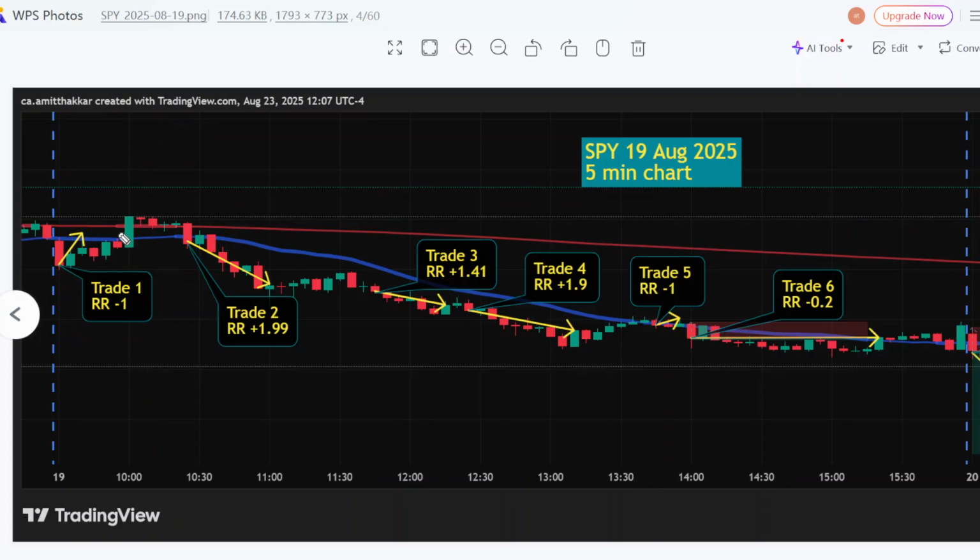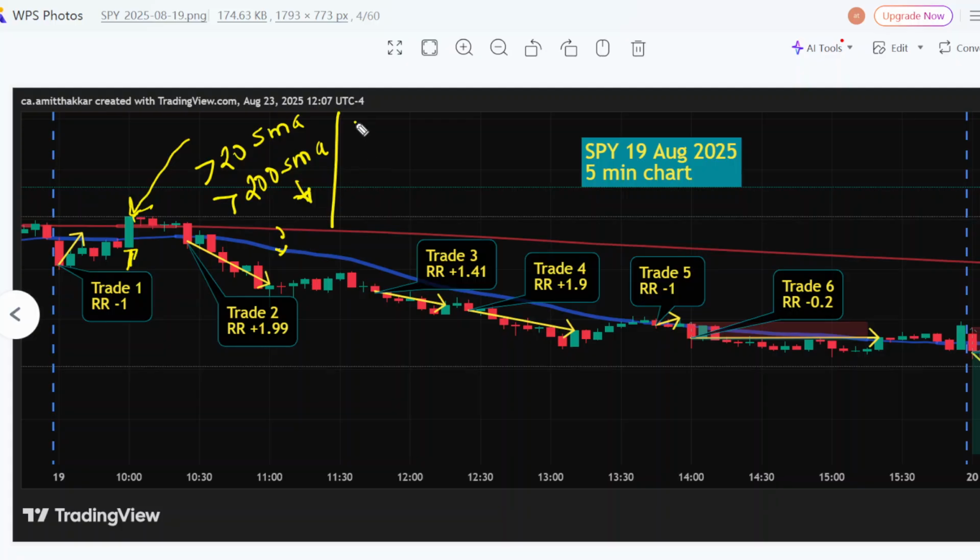Now the second trade. If you see this strong bullish candle, the close of this 5-minute candle is greater than the 20 SMA and also greater than the 200 SMA. So ideally we could have taken a trade, but we want the moving averages to be in the correct order.